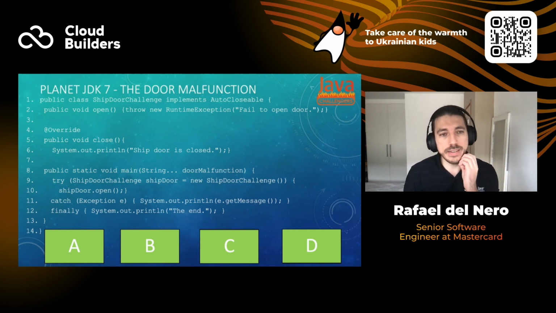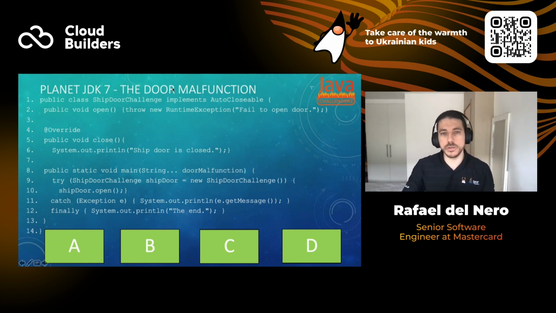Okay, as you can see, we have the main method, and we are using the try with resources concept. And then we are invoking the open method. We have an exception, a finally block. So take a look at the code and try to guess what is the output, okay? So I'm gonna show the alternatives.